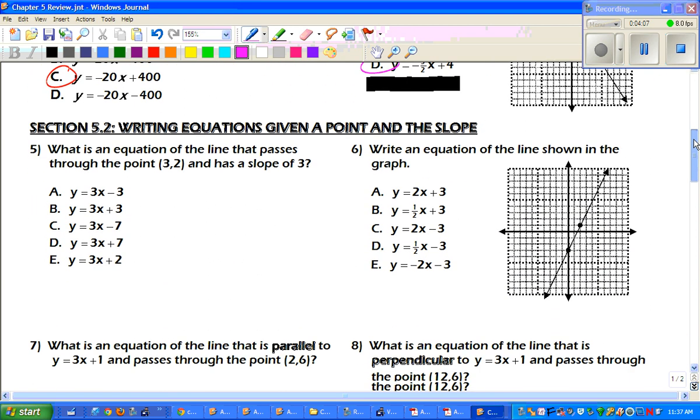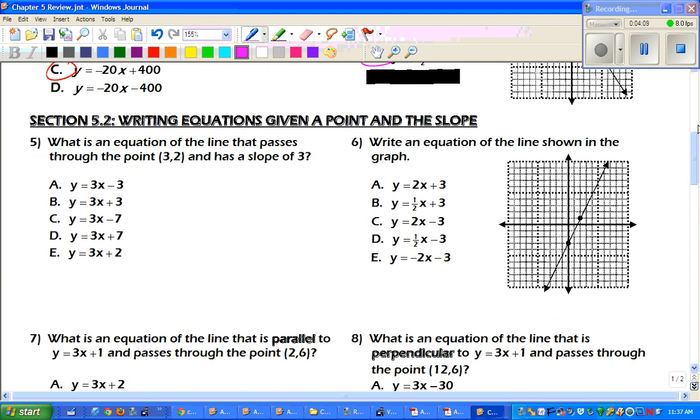Okay, let's move on to the next one. Writing equations given a point and slope. So what is the equation of a line that passes through the point 3, 2 and has a slope of 3? So we need to do y minus your y equals the slope, which they tell us, x minus. Let's start plugging in the numbers, 2 and 3.